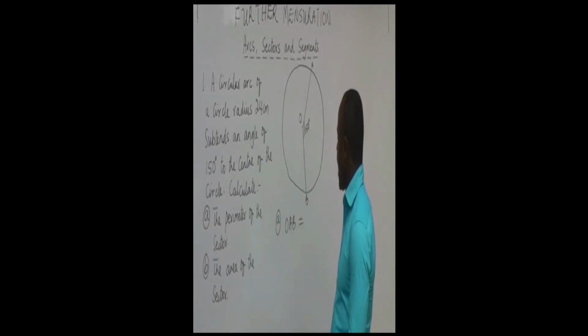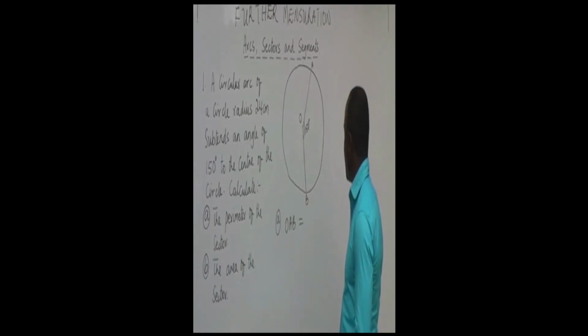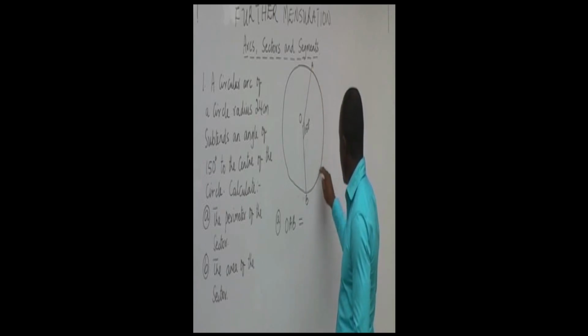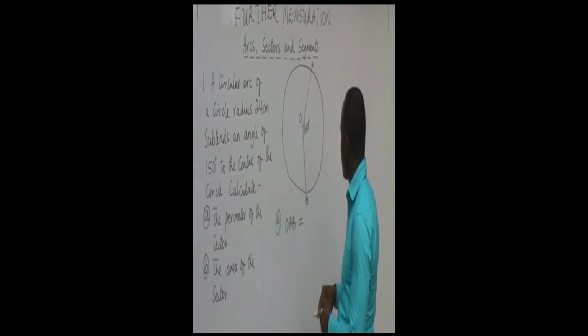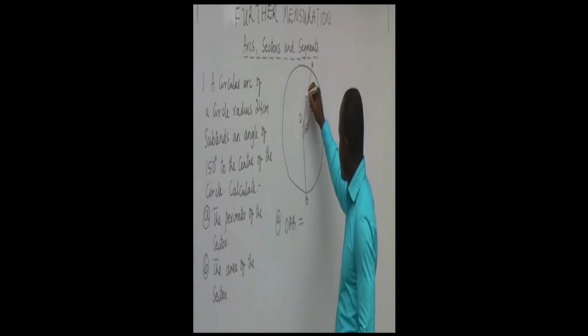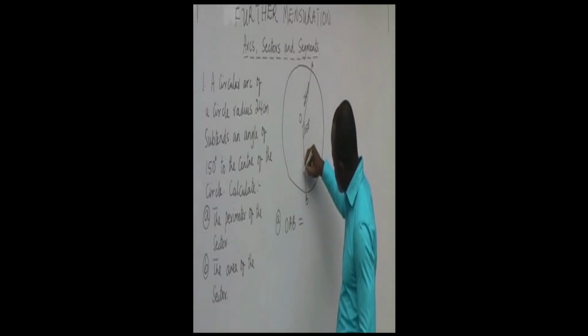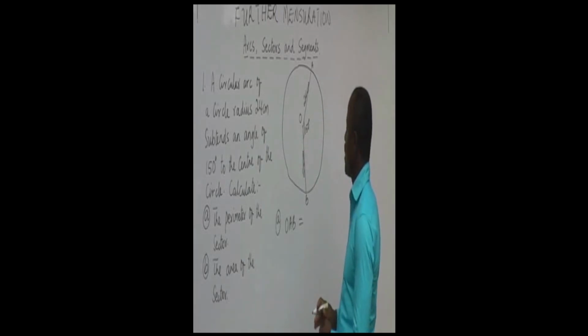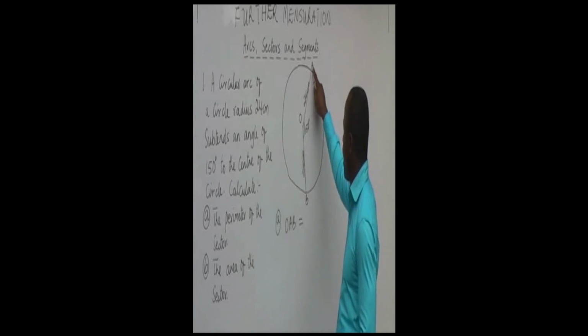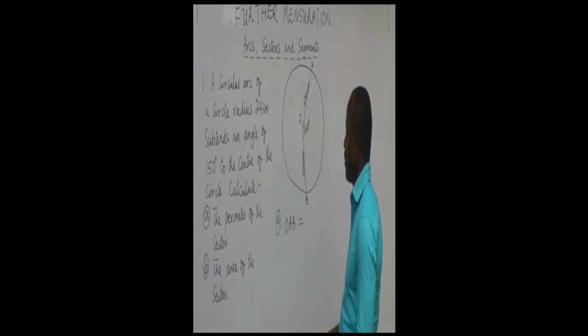And the perimeter of that sector is the distance from here to here, the arc, and back to this place. Remember, the question says that the radius of this circle is 24 centimeters. That means this place also is 24 centimeters, because both of them, AO and BO, are radii of the circle.